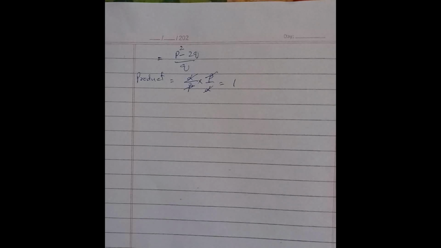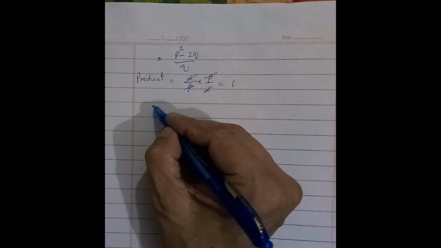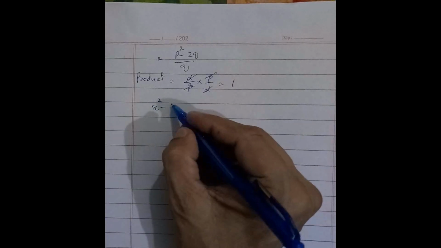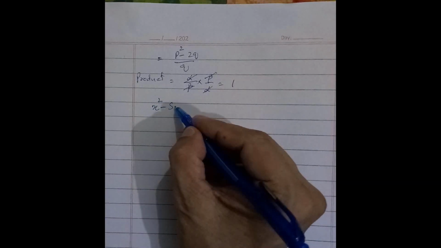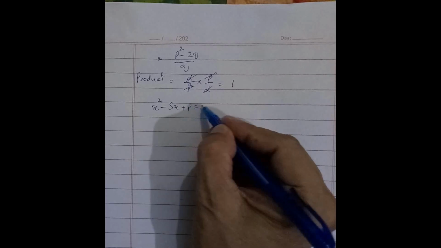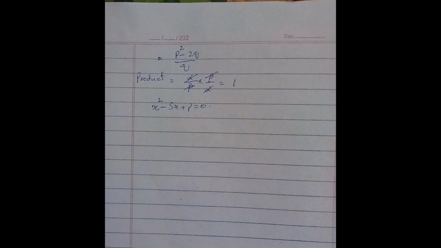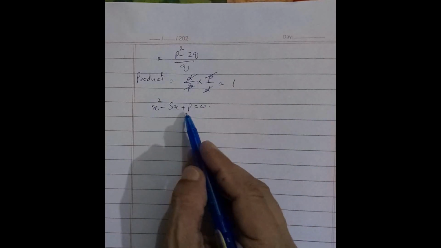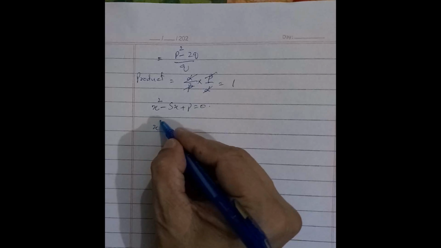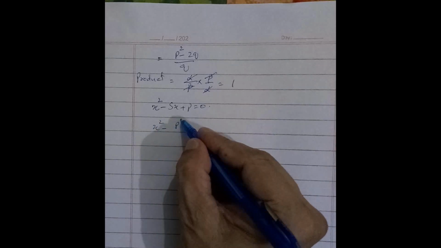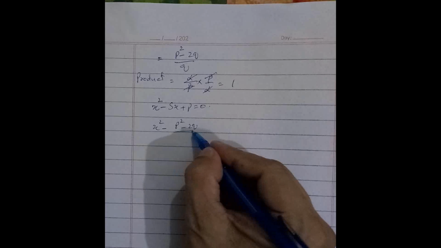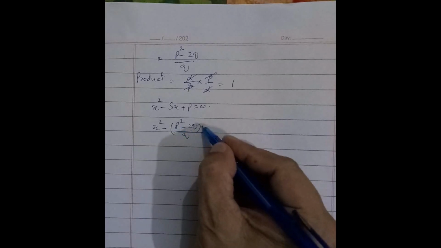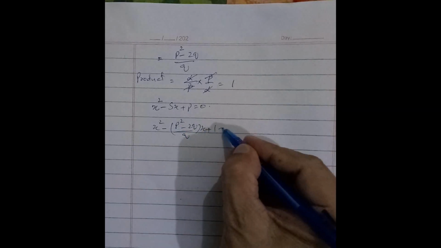Meaning the product of the required equation is 1, and we know that the equation is x square minus sx plus p is equal to 0. So we put the values of s and p in this equation. S means sum and p means the product. x square minus p square minus 2q over q, x plus 1 is equal to 0.